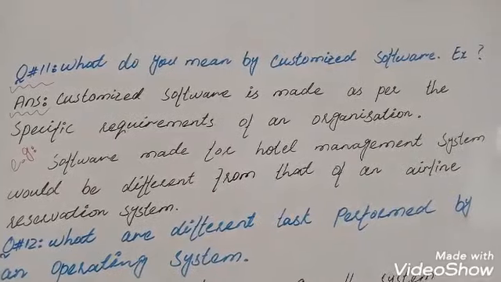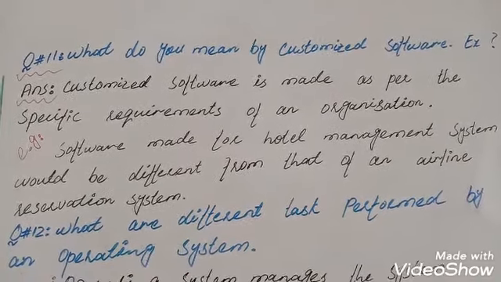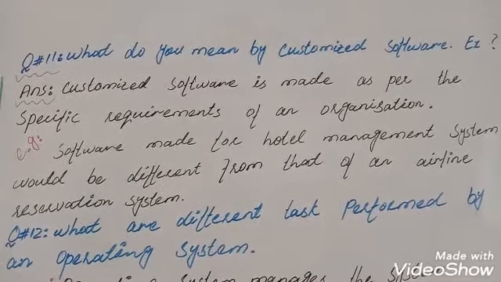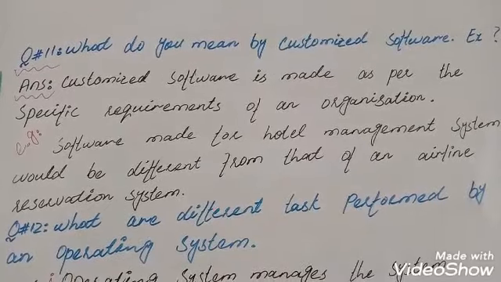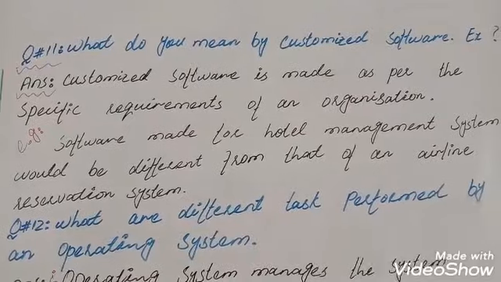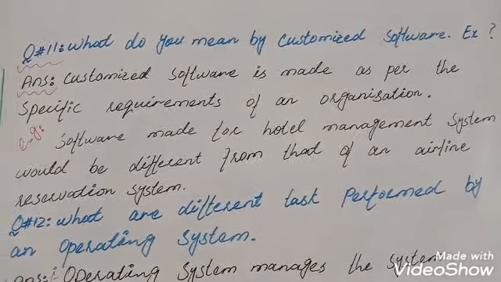Question number 11. What do you mean by customized software? Example. Answer. Customized software is made as per the specific requirements of an organization. Example. Software made for hotel management system would be different from that of an airline reservation system.